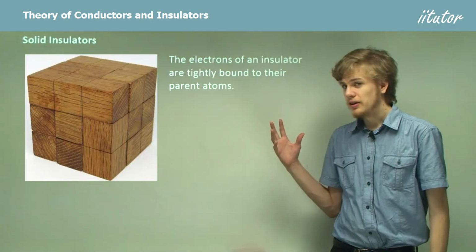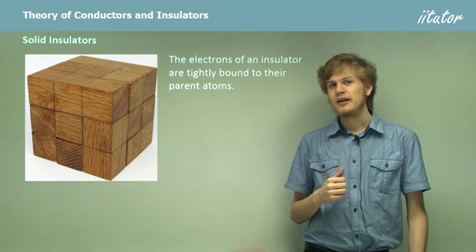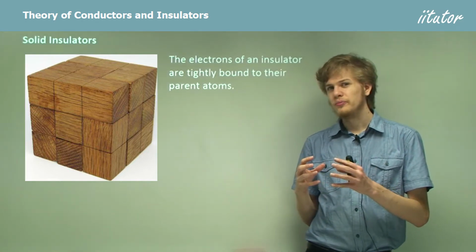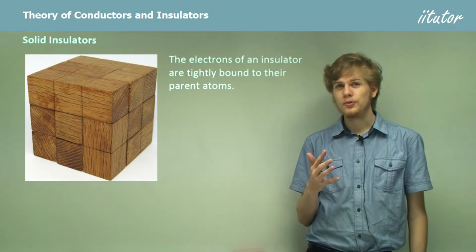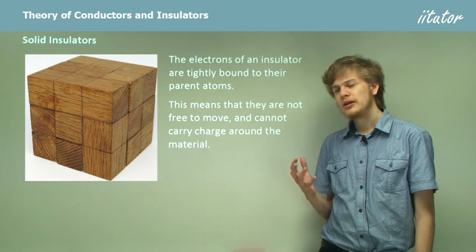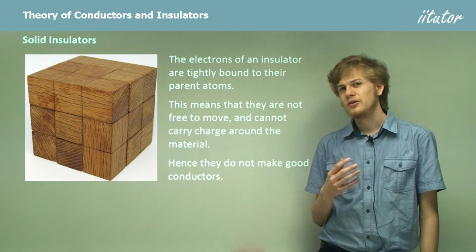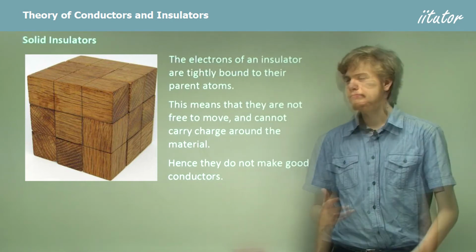The electrons of an insulator, on the other hand, are bound tightly to their parent atoms. They really don't want to move. So unless you apply an extremely high voltage, they're not going to. So they are not free to move and cannot carry charge around the material. And this means that insulators can't conduct an electric current.